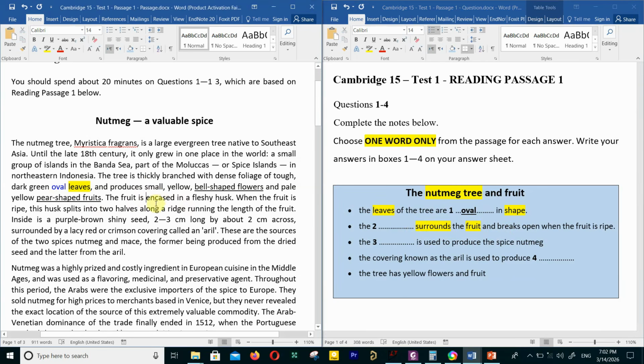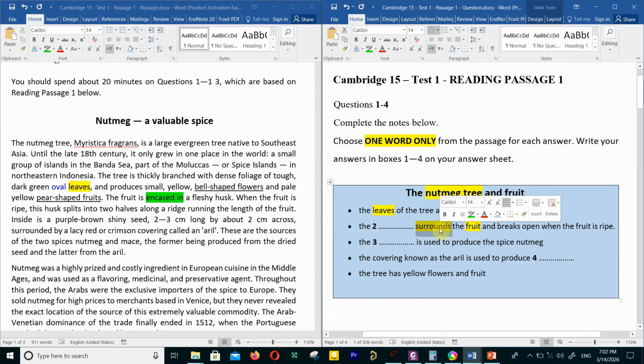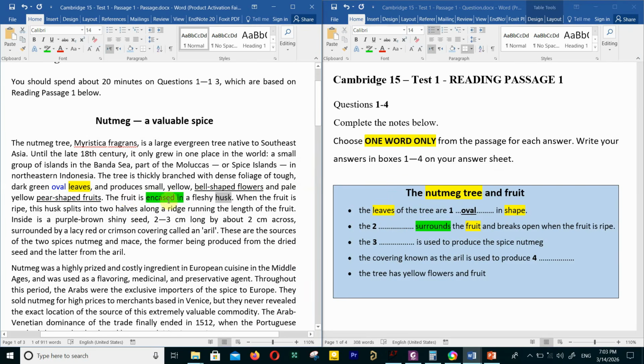Okay, so you have to be careful about paraphrasing. The fruit is encased in a fleshy husk. So here encased in actually means surrounds. This is the paraphrase. The fruit is encased in, which means surrounded by, a fleshy husk.